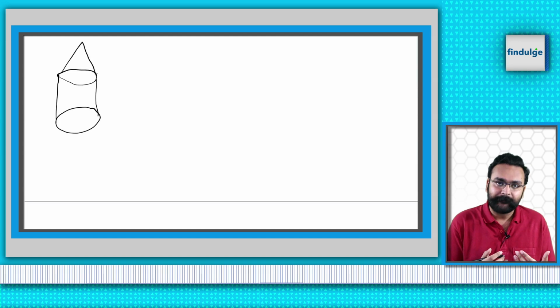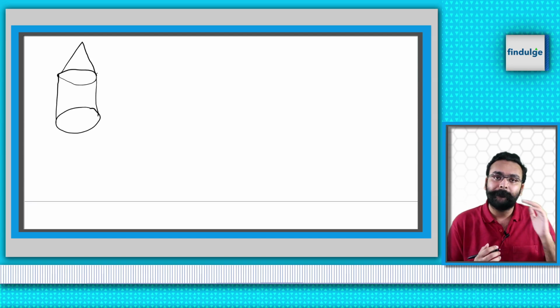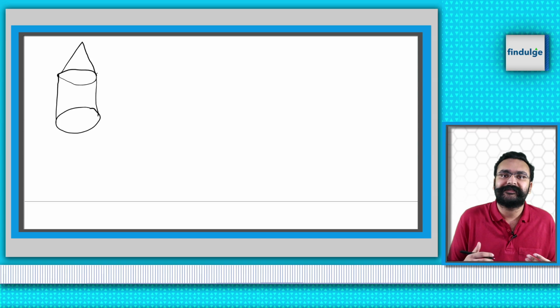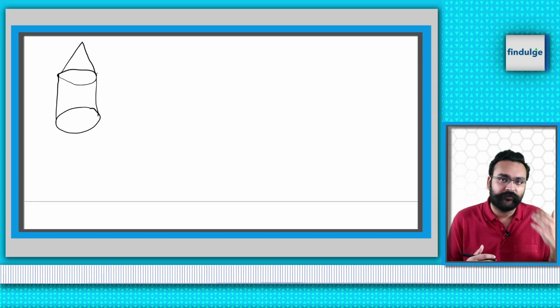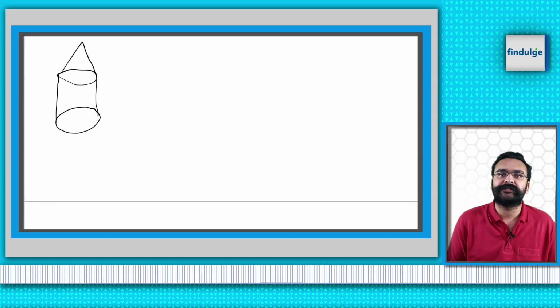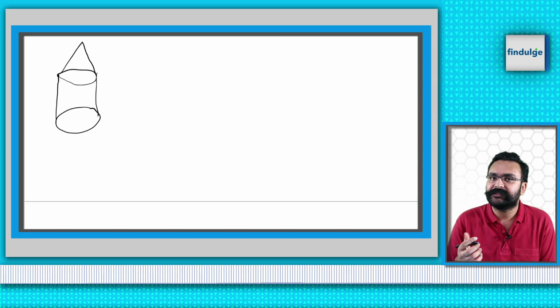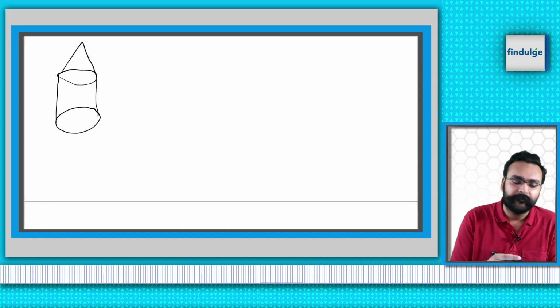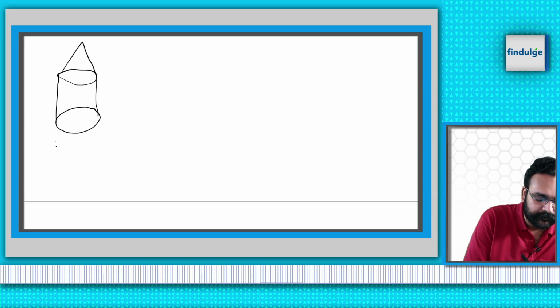So a fabric that will be used to make this tent, which obviously means I need to know the area of the fabric. Fabric is nothing but area. So basically they're asking us to find the volume of the tent and then for the canvas, the total surface area of the tent. Now let's first look at our measurements again. We are told that the diameter is 5 meters.